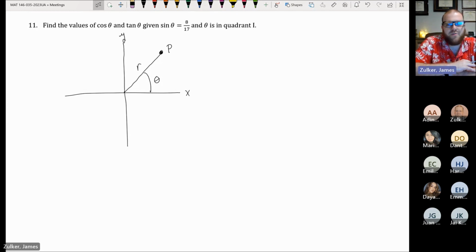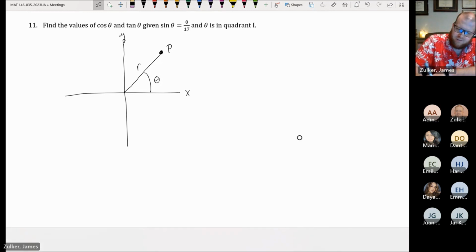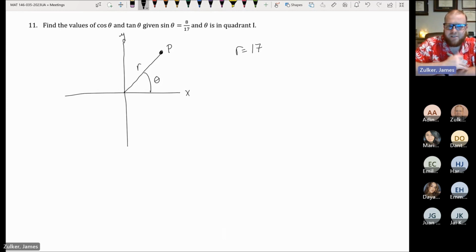We know that sine is 8 over 17. Well, that means we know that r is 17, and we know that y is 8.